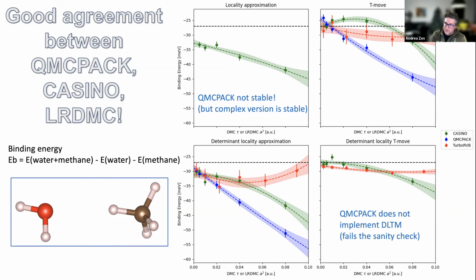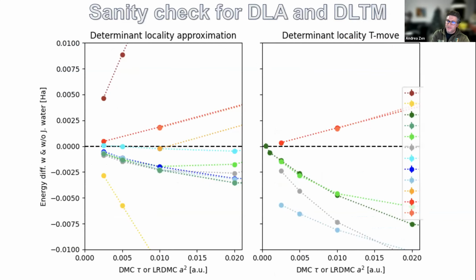And I didn't report the determinant locality T-move, which would be doing the T-move within the determinant locality approximation. In principle, one can set QMCPACK to do DLA with the T-moves, but this setup fails a sanity check that I made. The sanity check is to see if the extrapolated energy is the same whether I use the Jastrow or not.